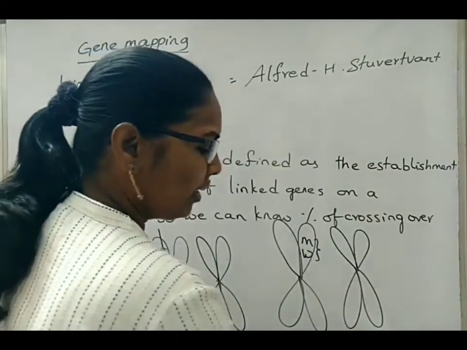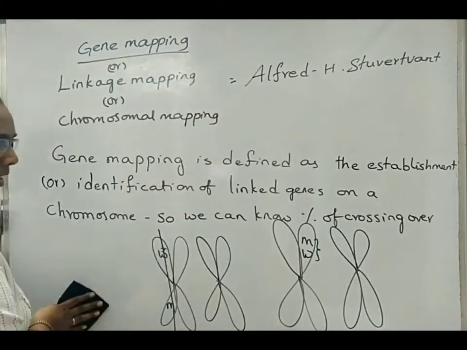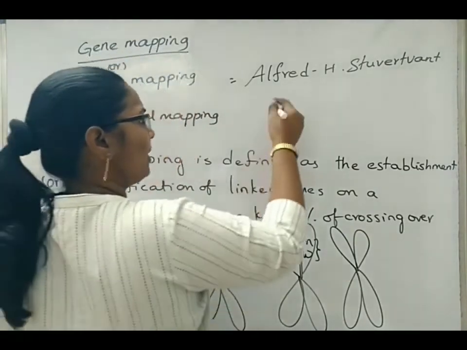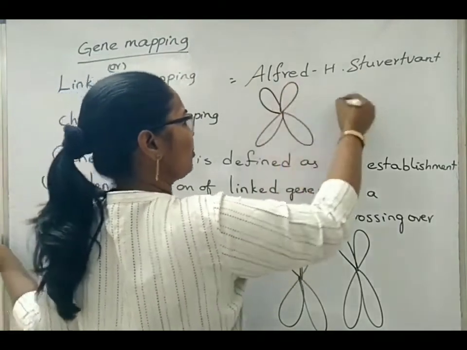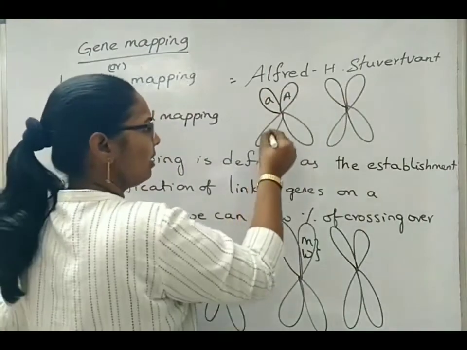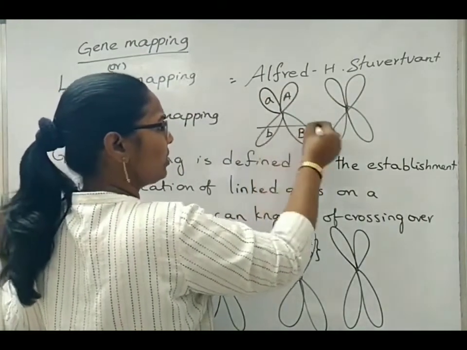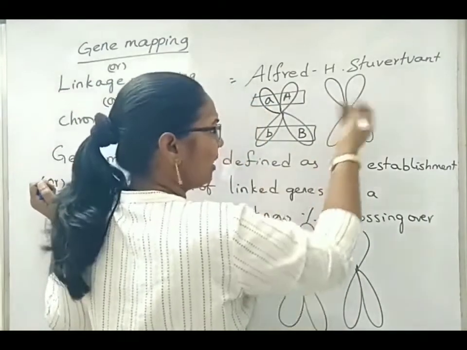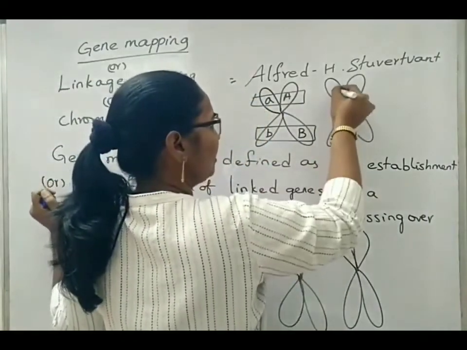We can also represent crossing over between linked and non-linked genes in another diagram. If we take one pair of homologous chromosomes like this, this is one loci, this is another loci. And what type of allele distribution can we write here?